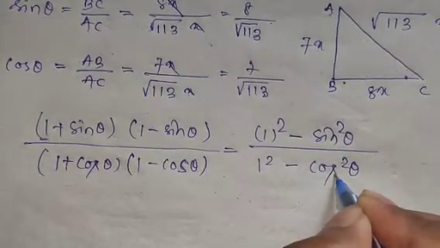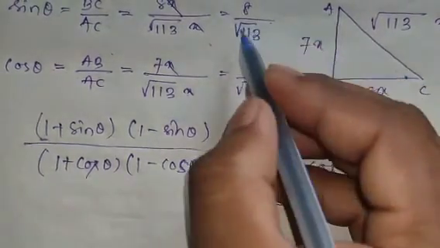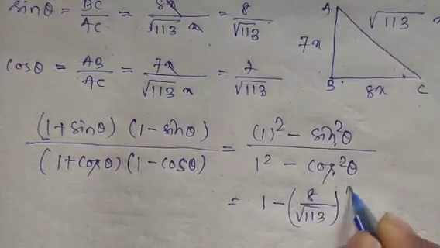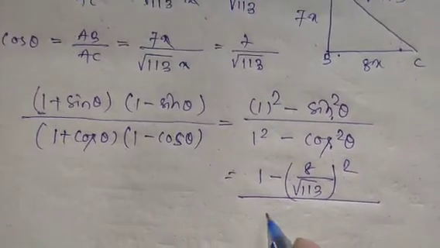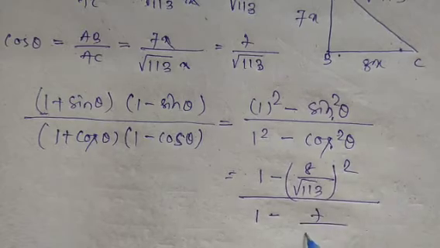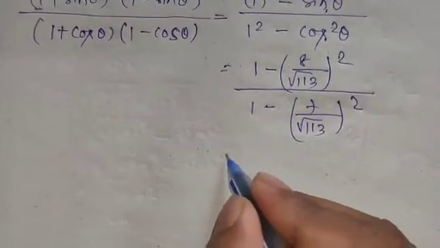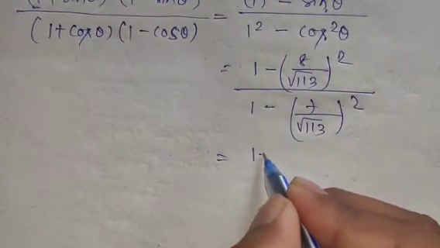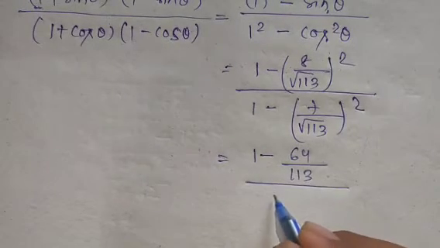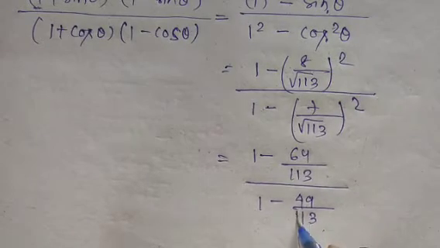We can put the values over here. 1 minus (8 divided by root 113) square divided by 1 minus (7 divided by root 113) square, right? Which is equal to 1 minus 64 divided by 113 divided by 1 minus 49 divided by 113, right?